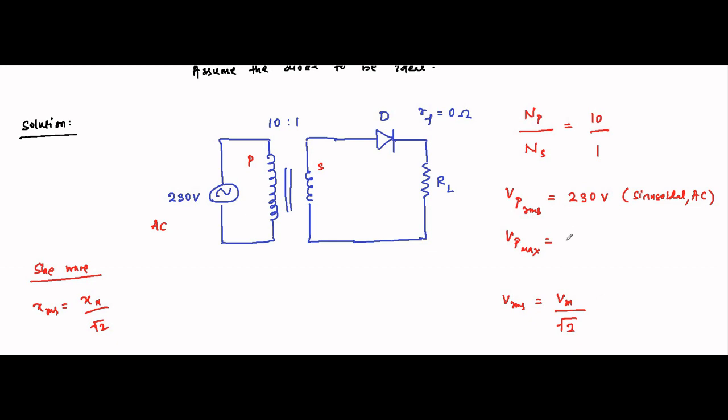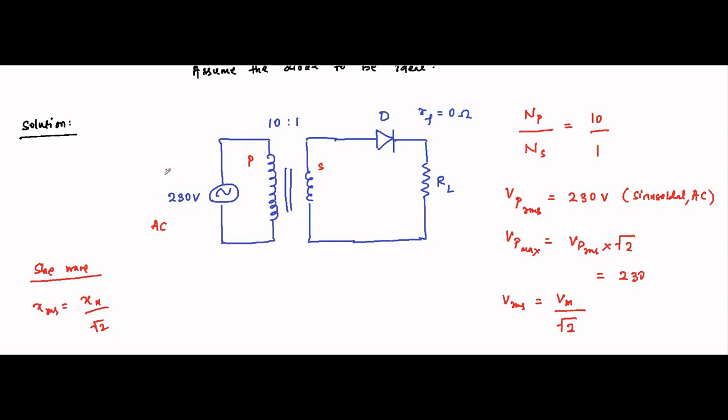So here it would be Vp max, it would be Vm by root 2. So the maximum value will be equal to Vp RMS into root 2. This is the RMS value of the primary winding voltage, 230 volt.